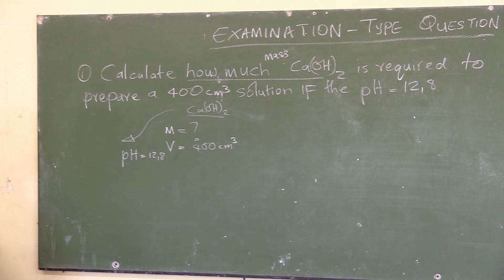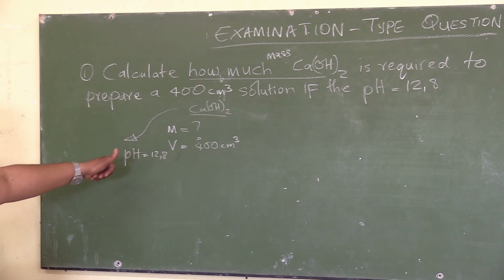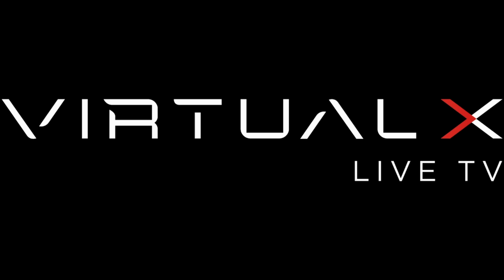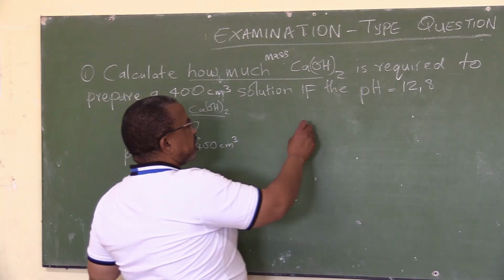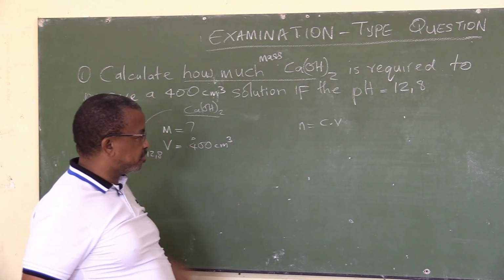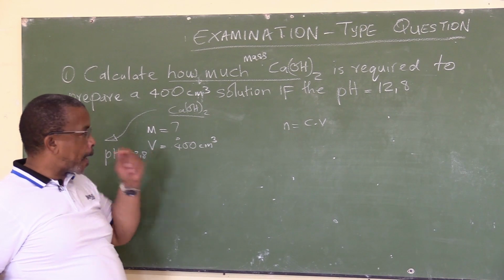What a problem. Volume, pH. Where do we start? They want mass. There is an equation where you say number of moles is concentration times the volume. Okay.